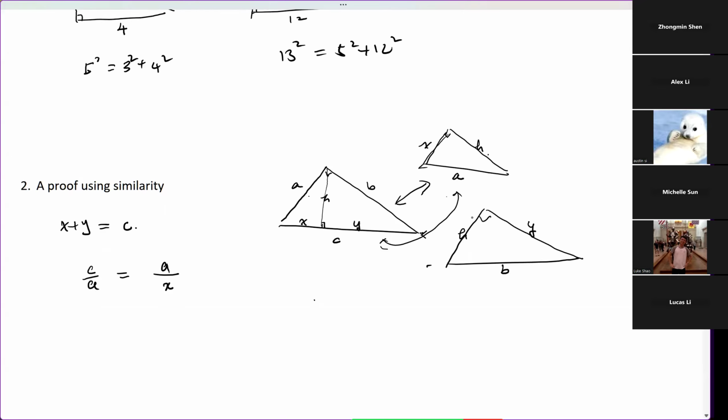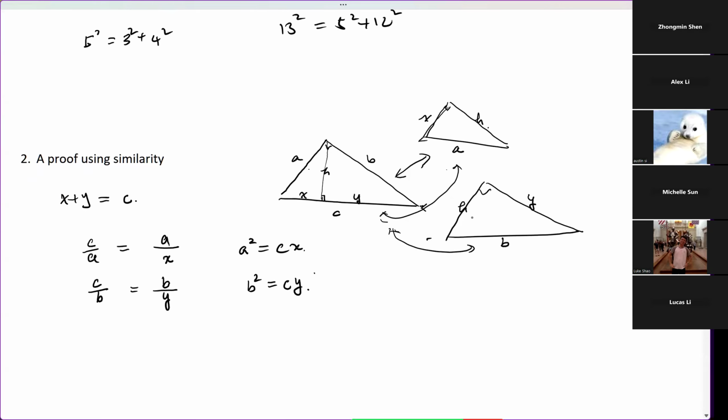From here, you get A squared equals C times X. Then you look at those two triangles. So C over B equals B over Y, and then you get B squared equals C times Y. You get this identity.